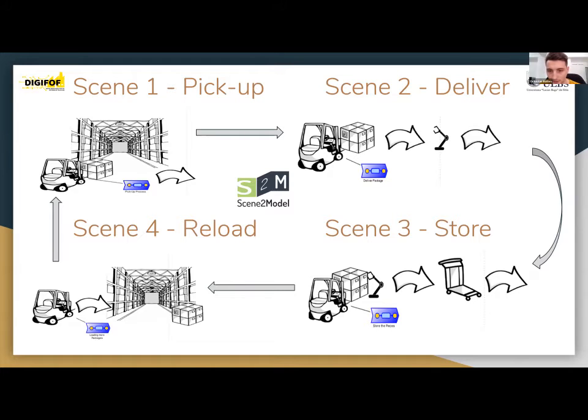In the third scene, it's the robotic arm which actually stores those parts. And the fourth scene is where the AGV is empty and gets back to the loading station and gets refilled.